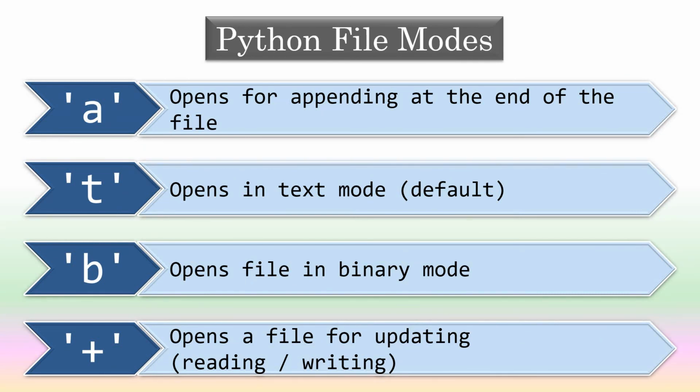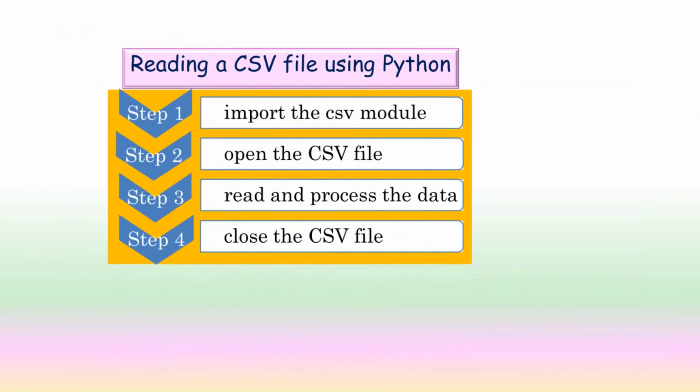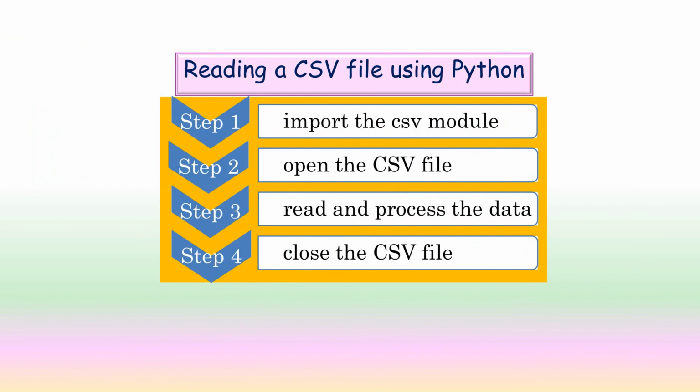I will now review all the topics that I taught you in this session. For reading a CSV file using Python, follow 4 steps. Import the CSV module, open the CSV file, read and process the data, close the CSV file. There are 2 methods by which you can write the open function.